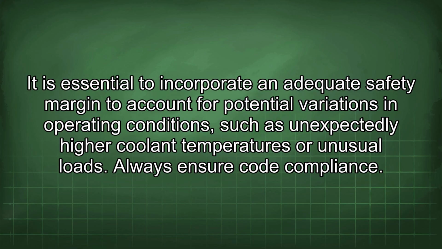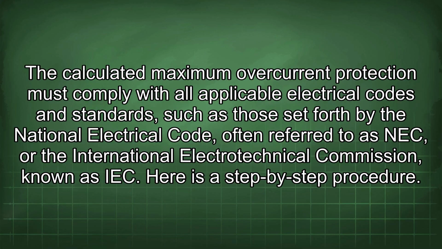Always ensure code compliance. The calculated maximum overcurrent protection must comply with all applicable electrical codes and standards, such as those set forth by the National Electrical Code, often referred to as NEC, or the International Electrotechnical Commission, known as IEC. Here is a step-by-step procedure. 1.